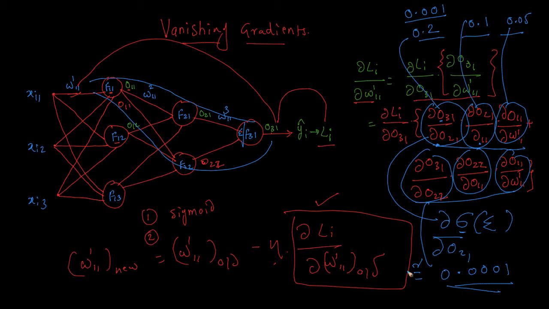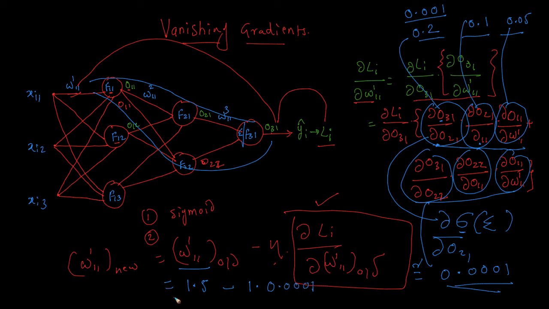So now if I update this weight, let's take W111 old as, let's say, 1.5. It can be any random value because we have random initializations of the weights. Let's say this was 1.5 minus, let's assume the learning rate as 1, into this 0.0001.